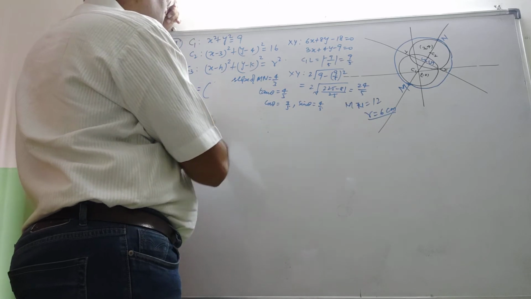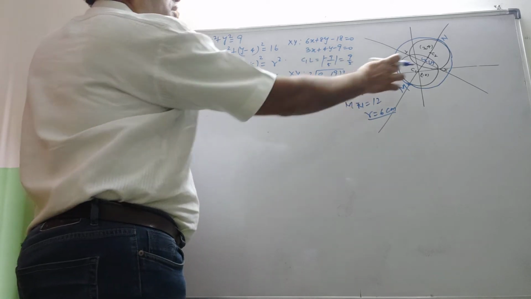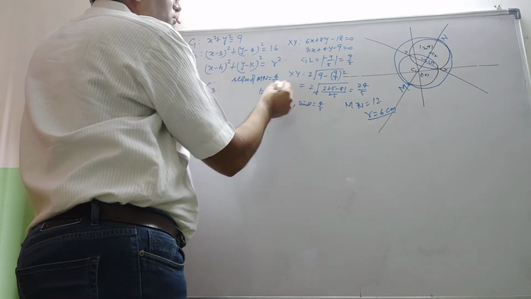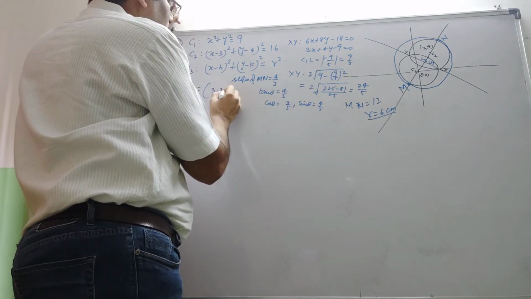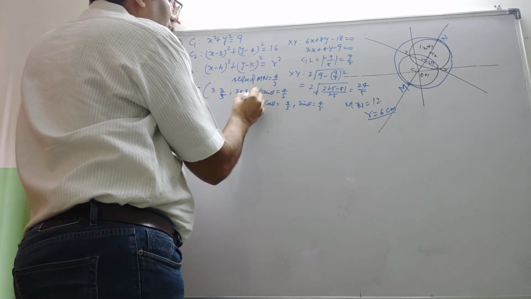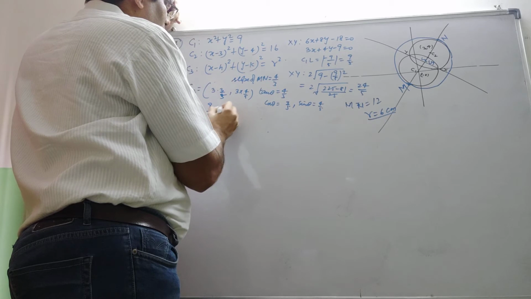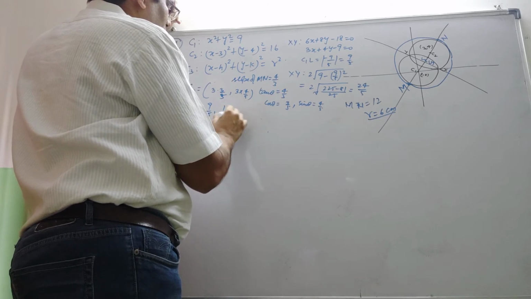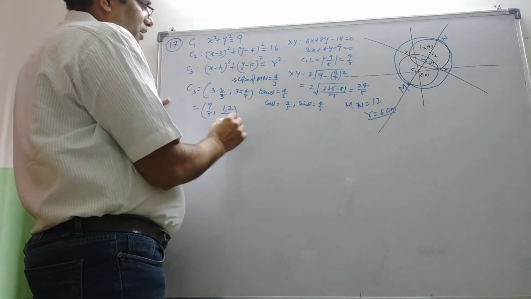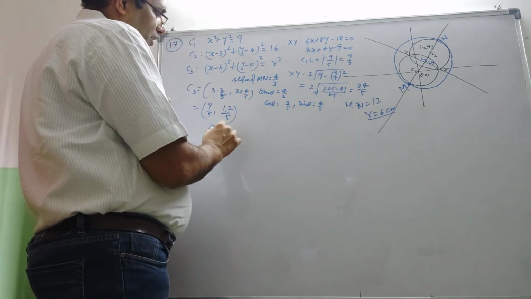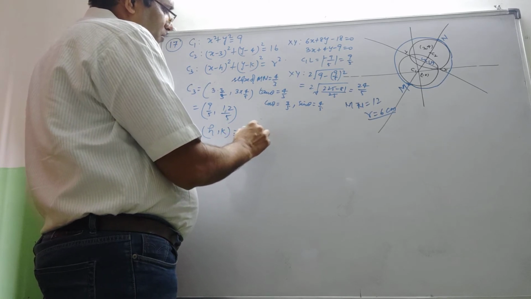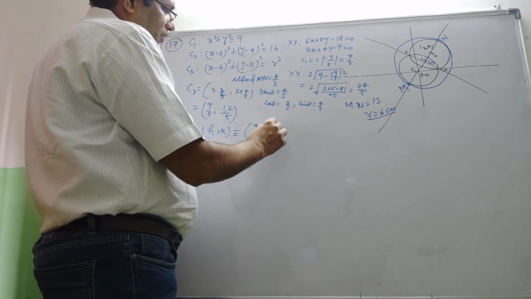Center C3 will be 3 into parametric form, 3 into 3 by 5, 3 into 4 by 5, that is 9 by 5 and 12 by 5. So the center of circle C3 is (9 by 5, 12 by 5).